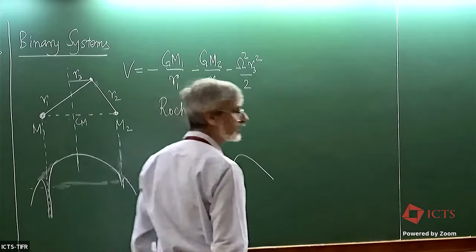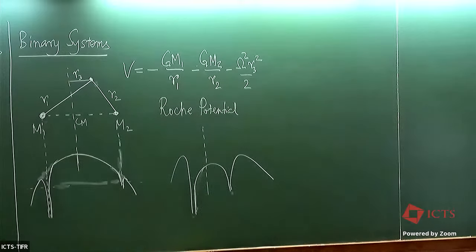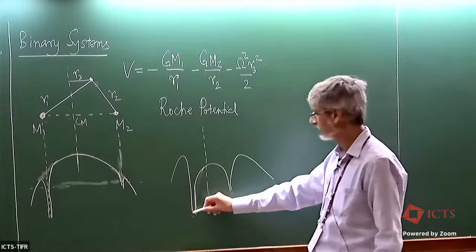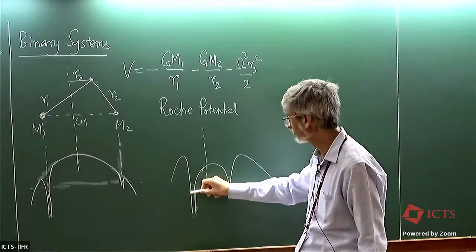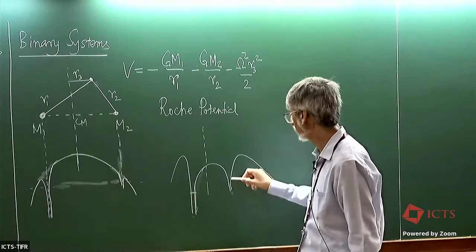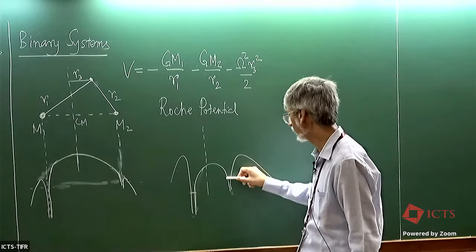Now, stars, as we know, in the course of their evolution, they expand. This is a potential well, and let's say the initial radius of the star is over here. Initial radius of this star is over there.